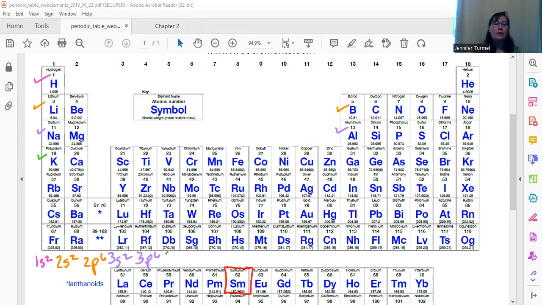And here, 4s2, 3d10, and 4p6. All right, and next row, 5s2, 4d10, and 5p6.